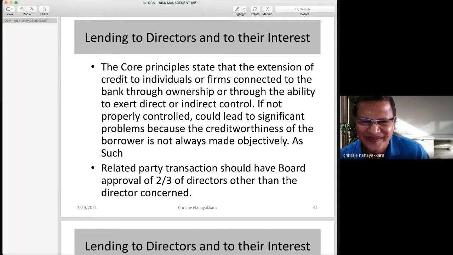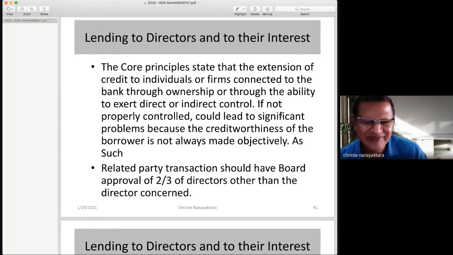And they are related to various other companies, whom they can use their influence on to borrow money from you and then default. And once that default comes, you and your recovery staff members will be reluctant to pursue those customers because there's some interest of a director.